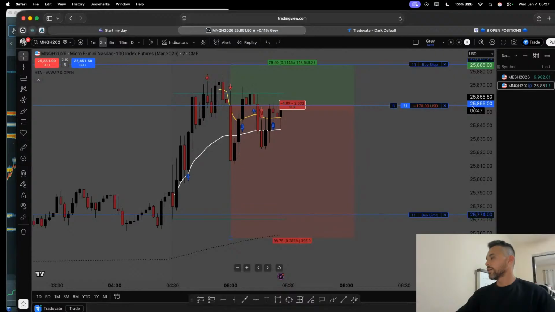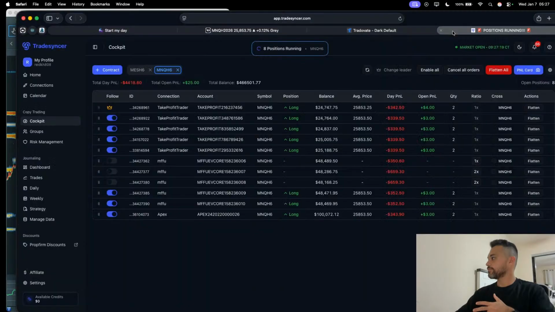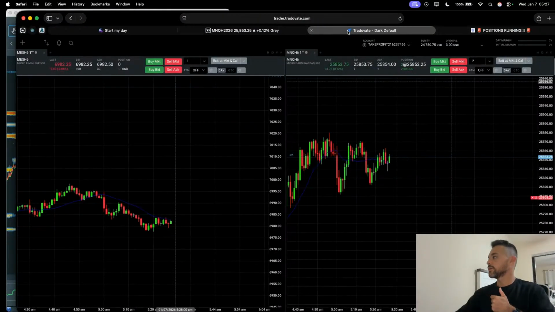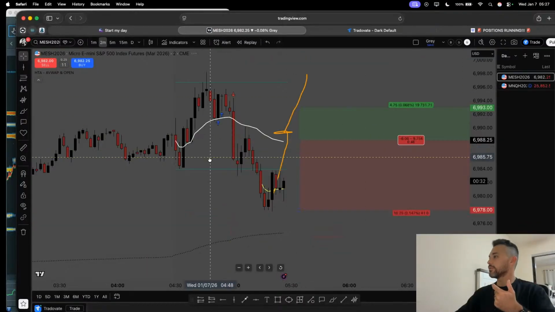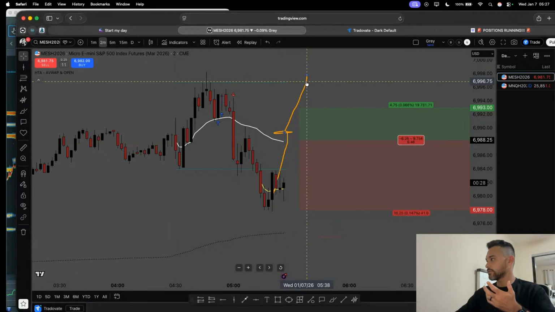It's a nice rejection. Yeah, so MES showing bearish signs, MNQ showing bullish signs. It's usually not a good thing. Usually want to see them both. Like in the morning, they were both bullish. Then they became bearish.